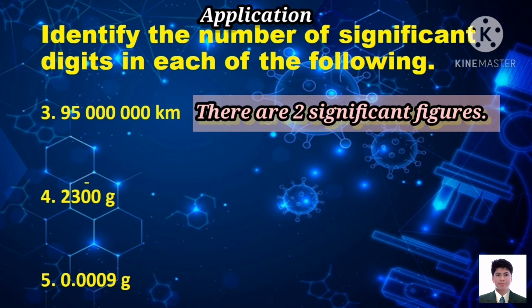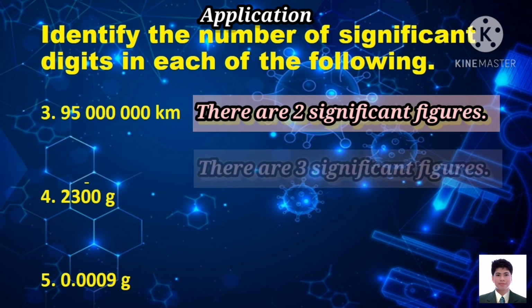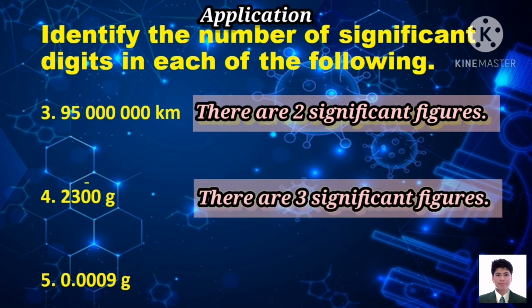In number 4, how many significant figures are there in 2,300 grams? So learners, what is your answer? Brilliant. The correct answer, there are three significant figures.